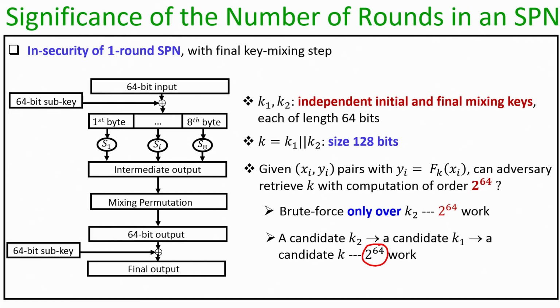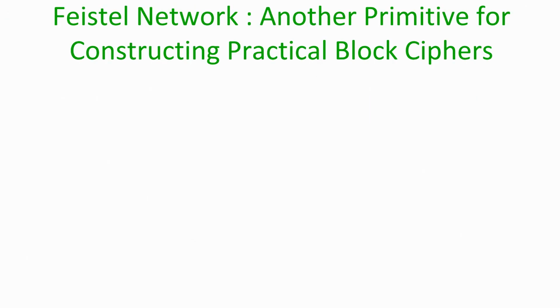So, the number of rounds, along with the details of the S boxes, the choice of the mixing permutation and the choice of the key scheduling algorithm, all these are very important aspects of defining the overall security of the keyed permutation that we design using an R round SPN.